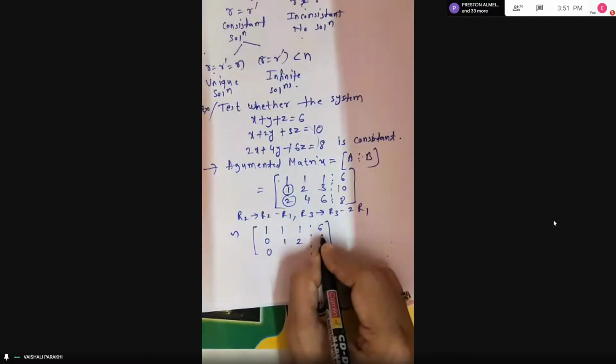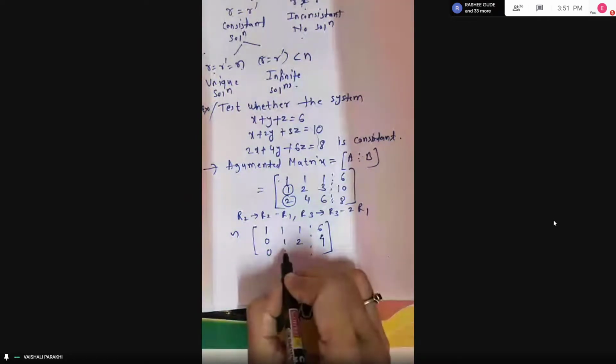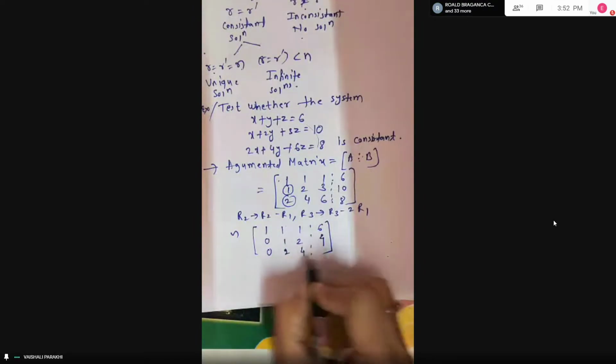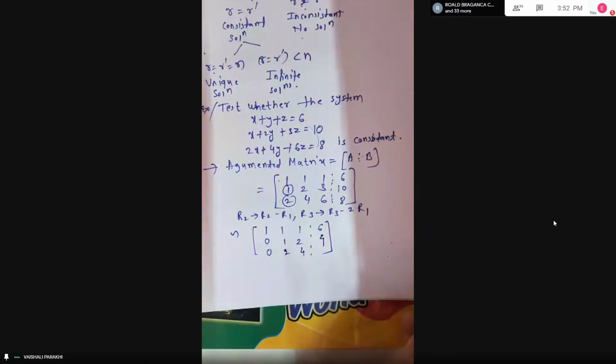Very good. Yes. Then Bipin, can you tell me the last row? Ma'am, 0, 2, 5 and minus 4.